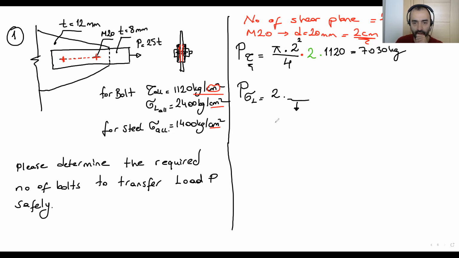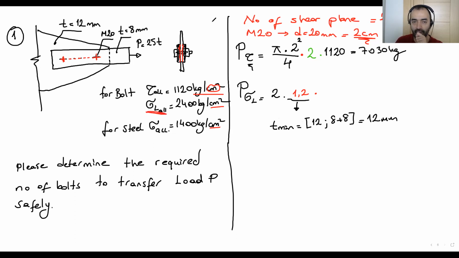If 12 goes left, so T min is 12, 8 plus 8. So at the end of the day, T min is 12 millimeter. I'm gonna put it here in centimeters, 1.2 centimeter. Right. Yes. Times D times T min times sigma allowable.